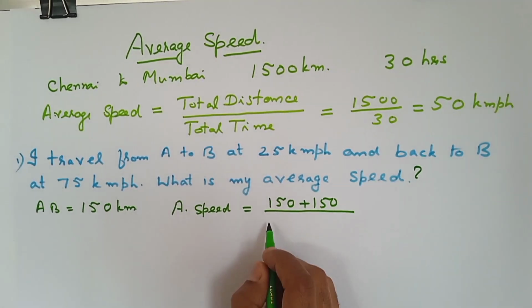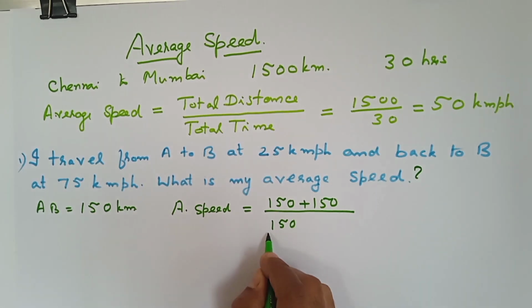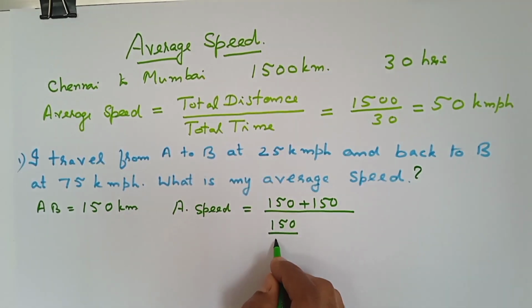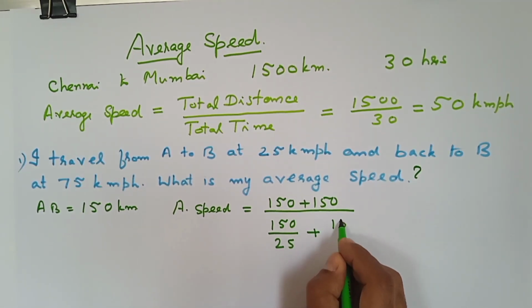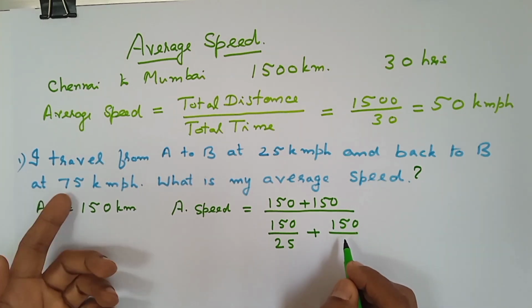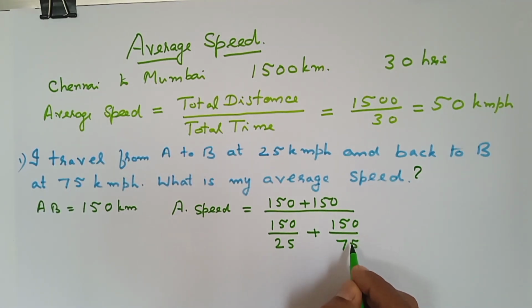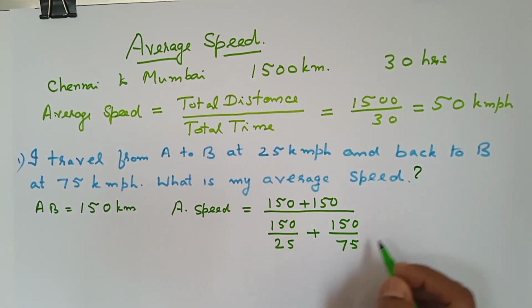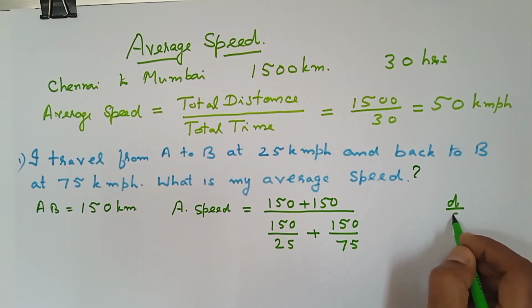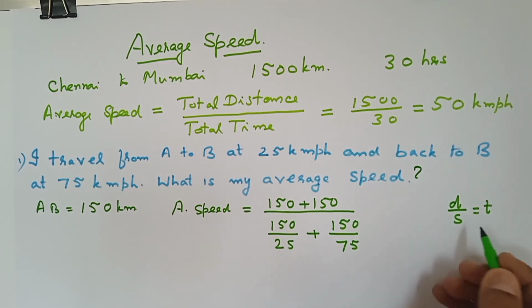For the onward trip, the distance is so much and the speed is given to be 25. So this is distance by speed, that gives you the time. Similarly, for the return trip, same distance, but it covers at a much higher speed, which is 75 km per hour. So this will be the distance 150, speed 75. As you know, distance by speed is time, the basic result.